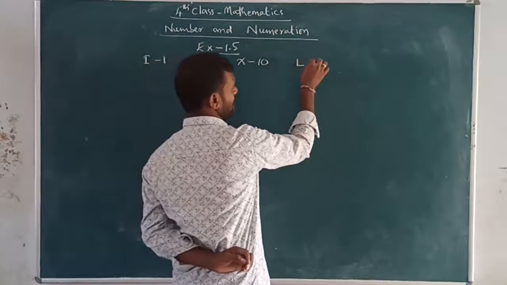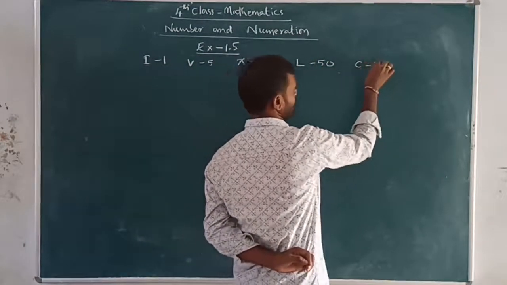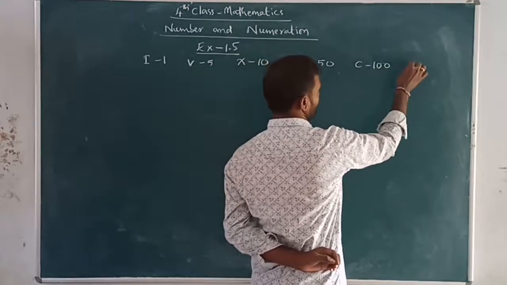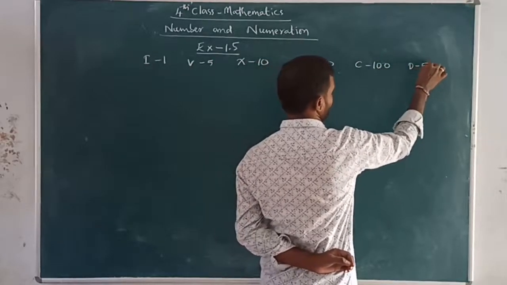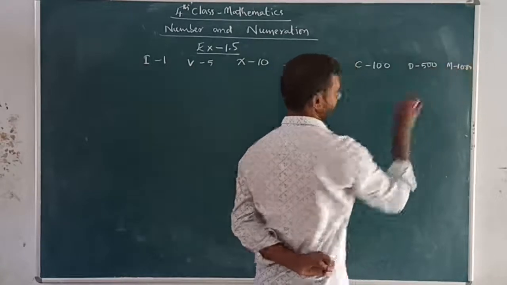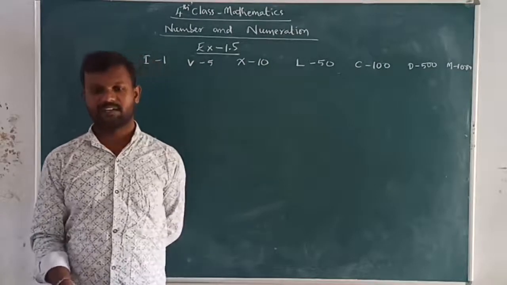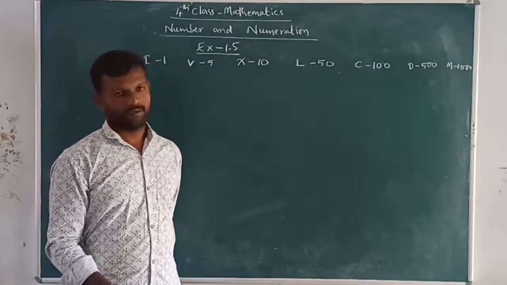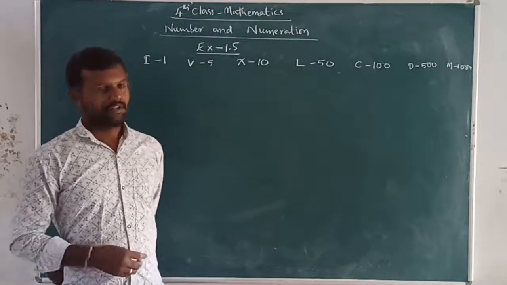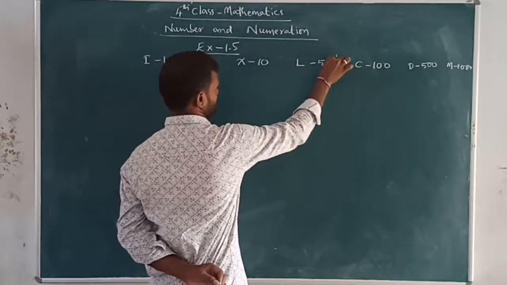Next, L is 50, C is 100, D is 500 and M is 1000. These are the main 7 symbols which we are using in our maths. So, in 4th class you need up to this.